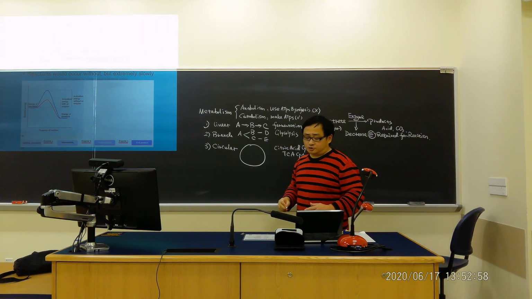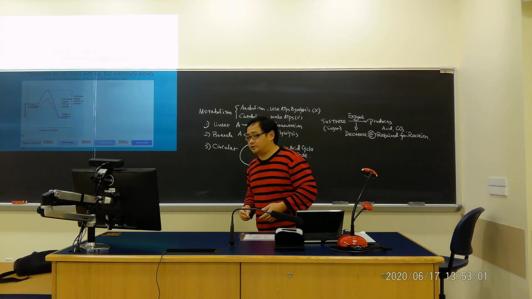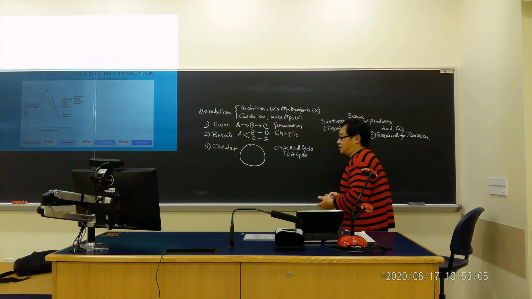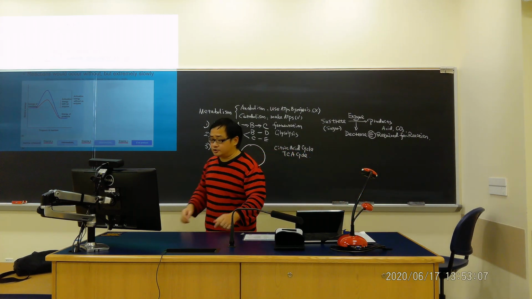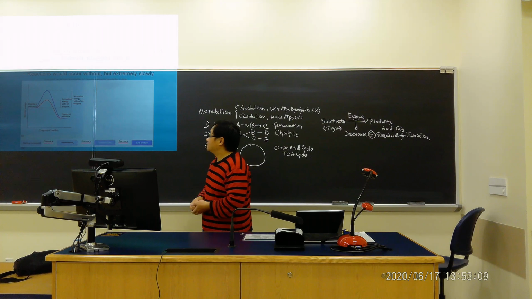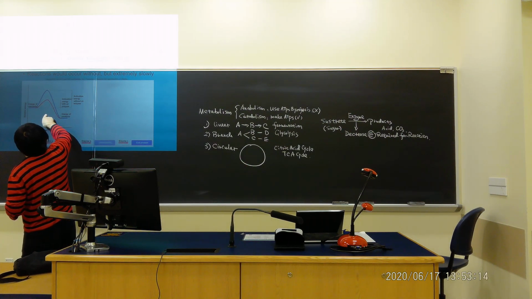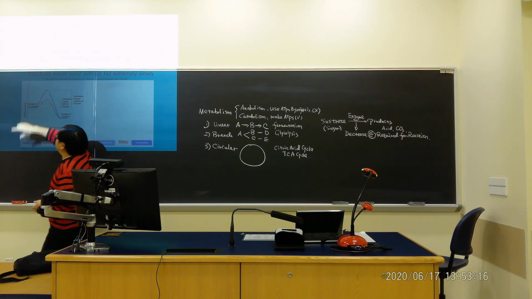In the food chemistry class, we have a certain chapter to talk about enzymes. If we have time, we can get to that part. You can see here the energy that we need. If we do not have an enzyme, this is the energy required.